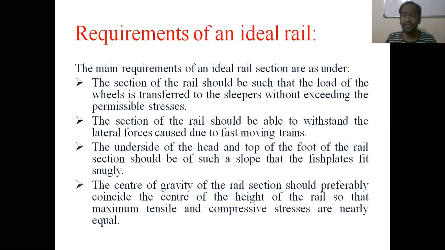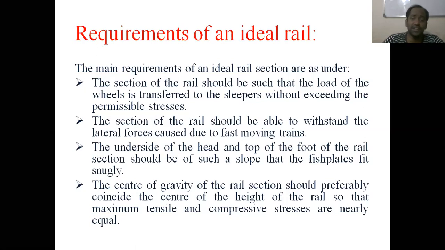So the rail should be designed and the material selected to bear the calculated load, the bearing capacity of the land, and the behavior and functioning of the ballast. So the section of the rail should be such that the load of the wheel is transferred to the sleepers without exceeding the permissible stresses.